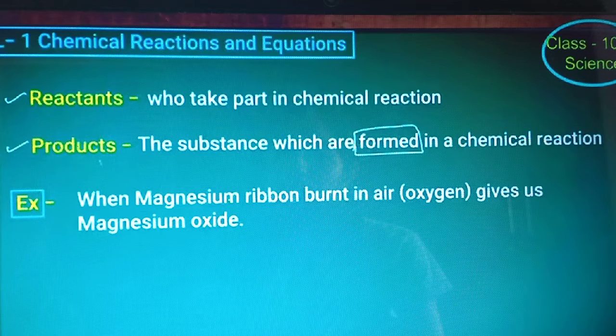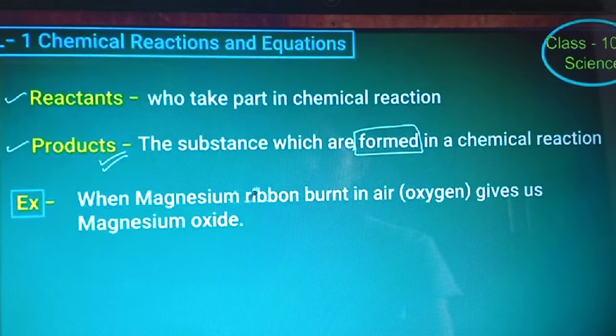For example, when a magnesium ribbon is burnt, or you can say it reacts with oxygen, that gives us magnesium oxide. Here you can see what the reactants are. In this reaction, the magnesium and the oxygen both react with each other, so magnesium and oxygen are considered reactants.